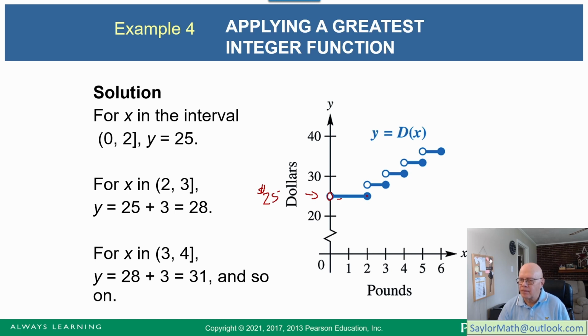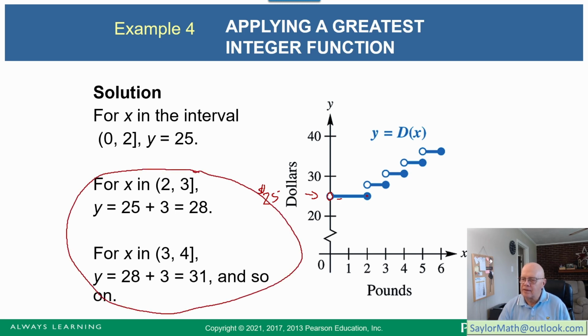And this is a good exercise for you. See how they got those numbers. So y equals, for 2 to 3, for each additional pound, it goes up that amount in dollars.